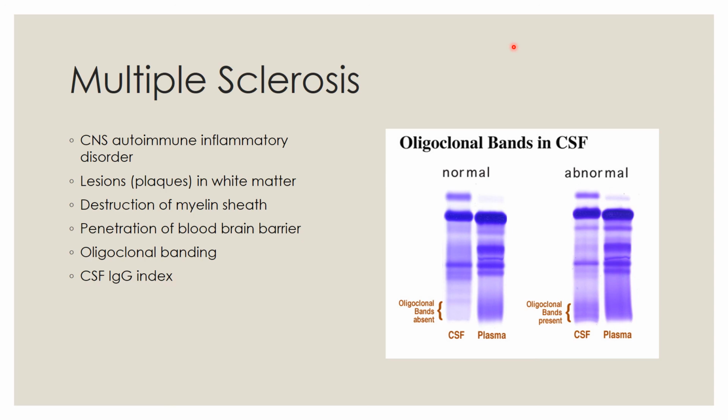But what's occurring is you have anti-myelin basic protein antibodies. So antibodies are binding to the myelin, creating an immune response against the myelin inside the brain. So you have macrophages, which are basically macrophages of the brain, and microglial cells.